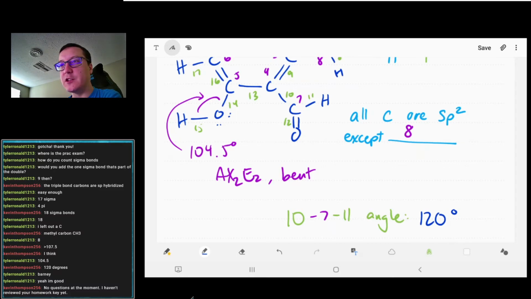Remember, we had that lovely chart that's up on Discord for us there, so we could see what the shapes of all these things are going to be. We talked about bond angles as well that result from those geometries. So you probably would want to review those. Let's look at what else we did in chapter 8.